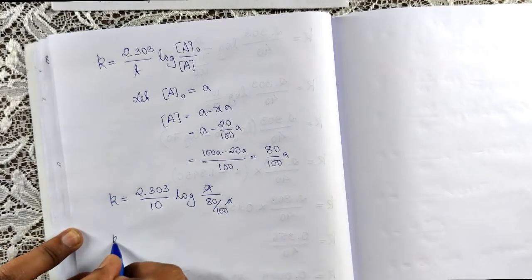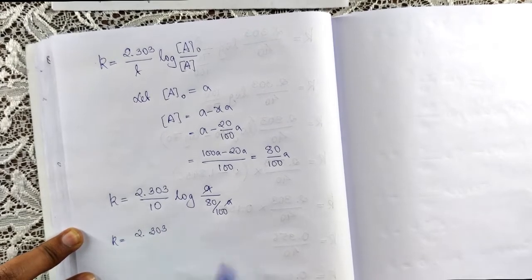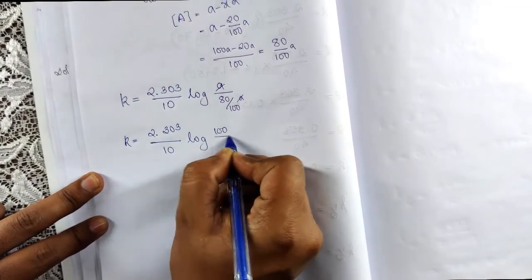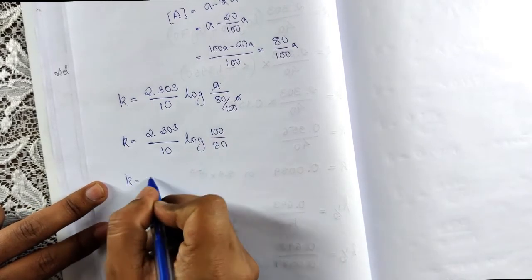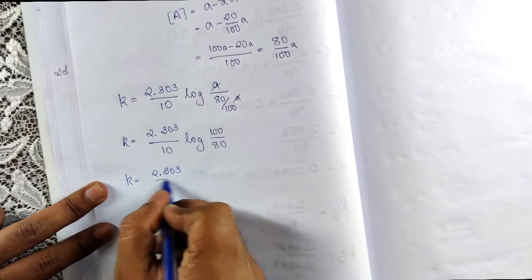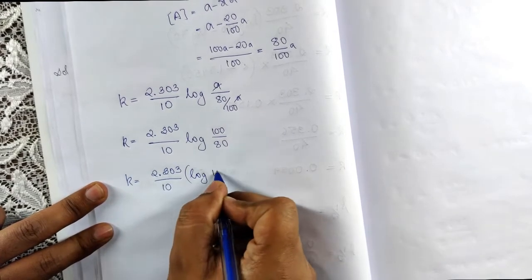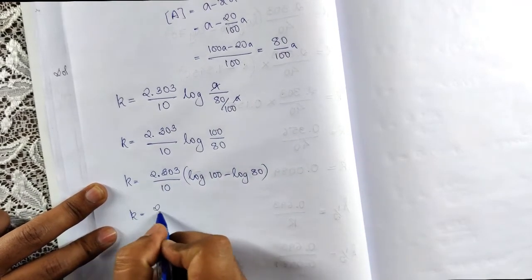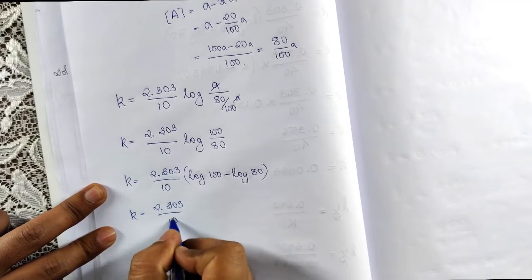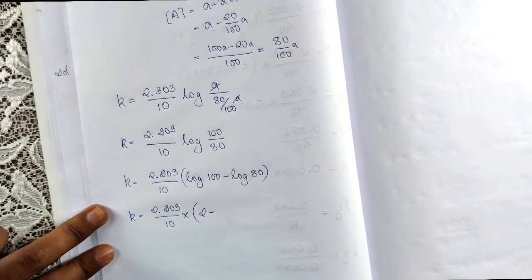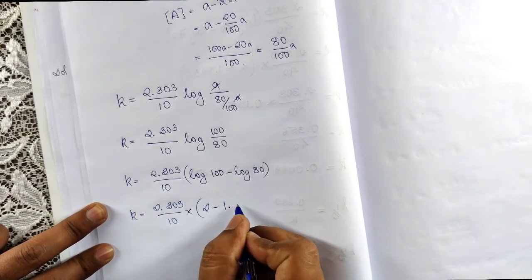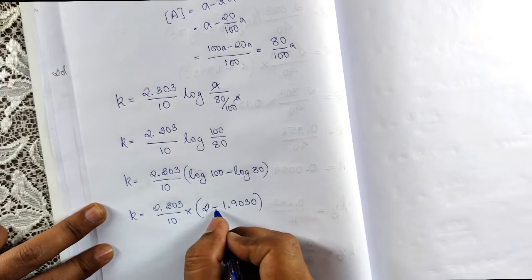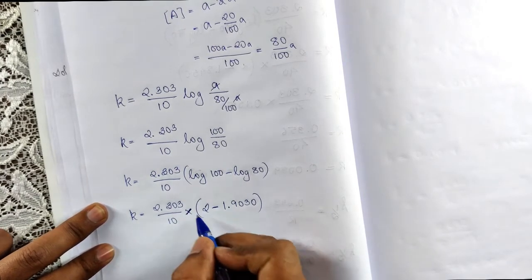So a and a will get cancelled. We'll have k is equal to 2.303 by 10 log 100 by 80.